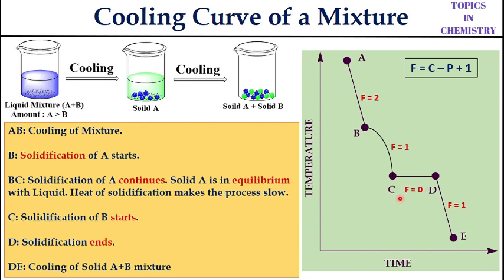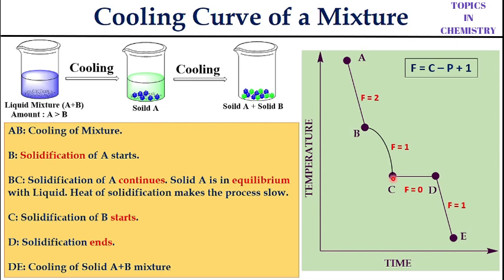So that's why the crystallization occurs at a fixed temperature. But here you can see the BC line, F is equal to 1. So it depends on a temperature variable. With increase of time, temperature gradually decreases. So it is not a fixed temperature.